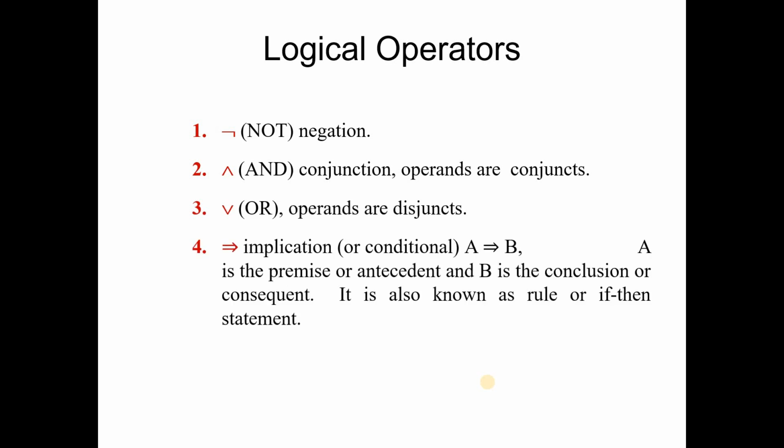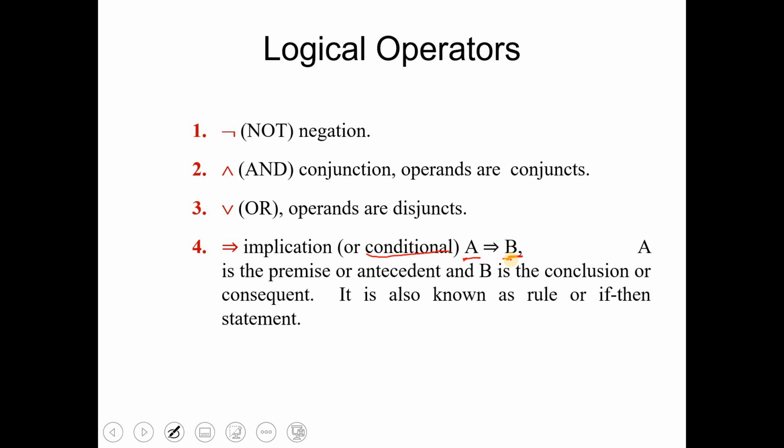Implication, what does it mean? Implication is also called conditional. Implies is also called conditional. Clear? So why do we call it conditional? Because if A is true, then the condition is satisfied, then we will check if B is true.